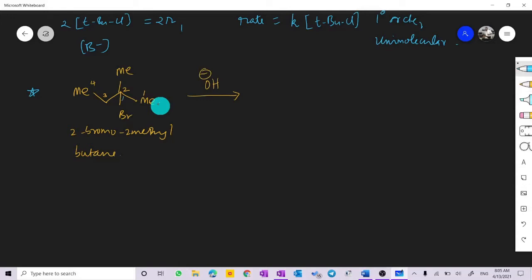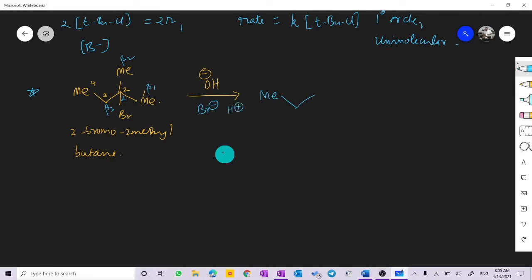This is the alpha carbon. Here you have beta 1, here beta 2, and here beta 3. So the hydrogen from any of these three carbons can be removed. If you remove from beta 1, the product formed is Me, drawing the same structure. Br minus will go out and H plus will come out.